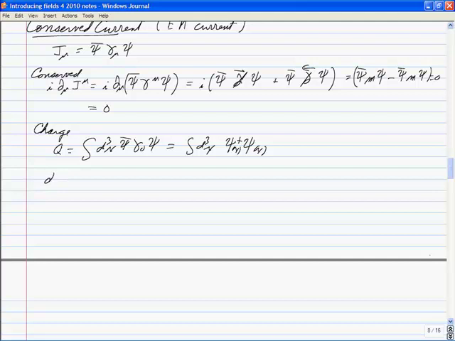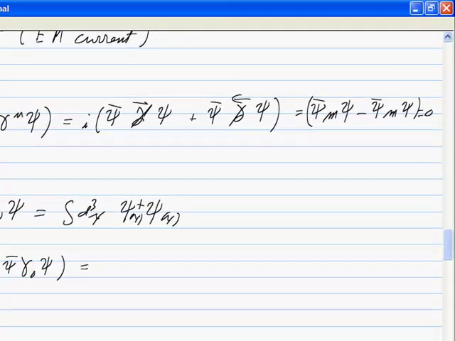And if I take dQ/dt, this standard derivation here, dQ/dt is the integral d3x of the time derivative of psi bar gamma 0 psi.